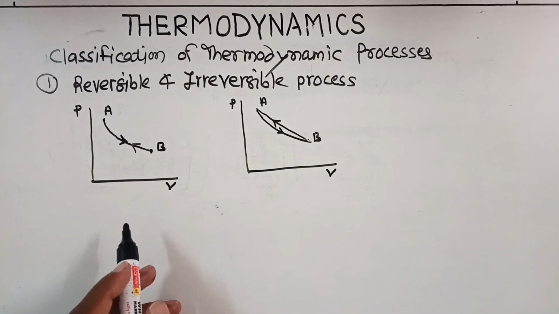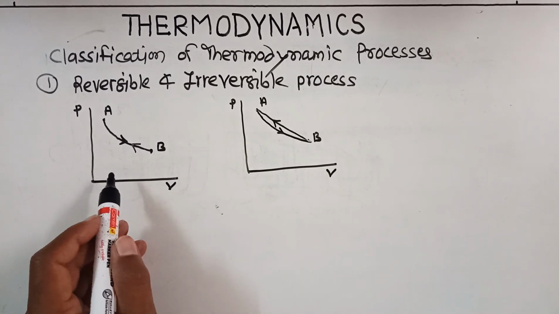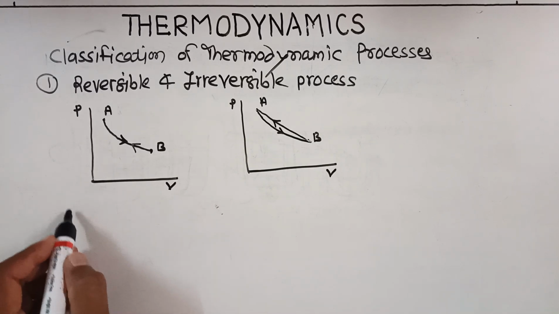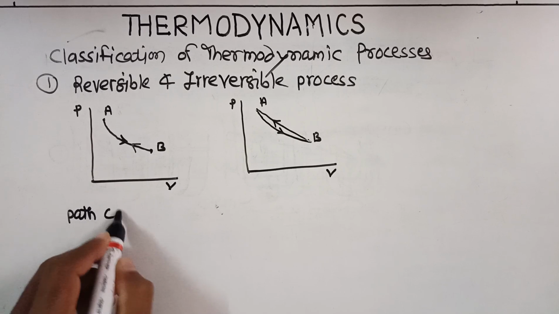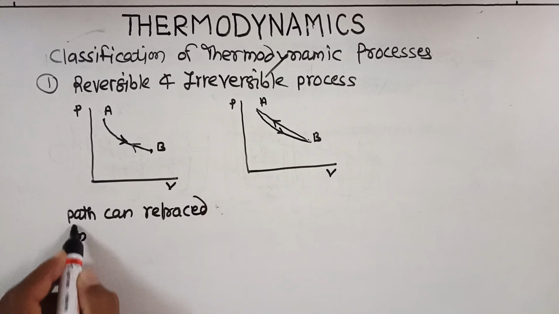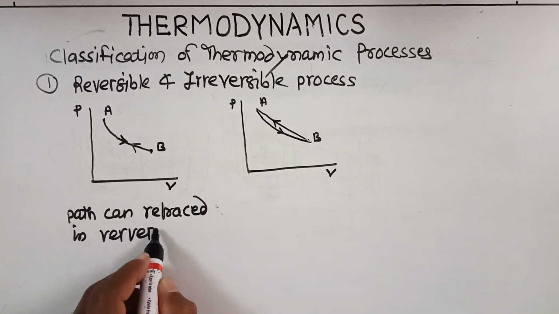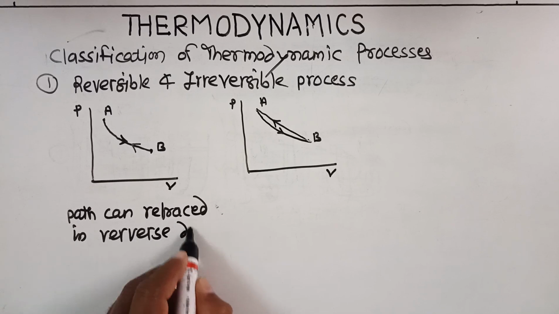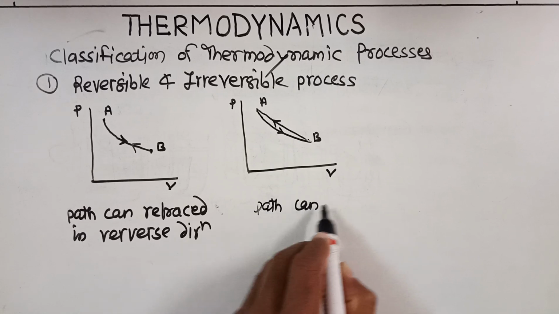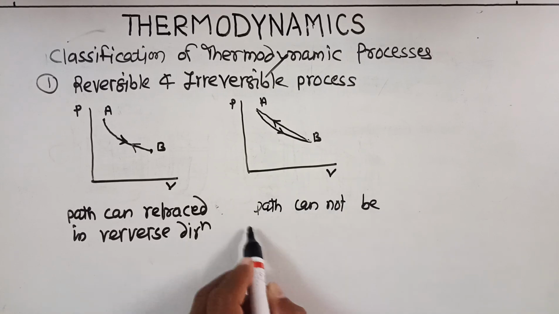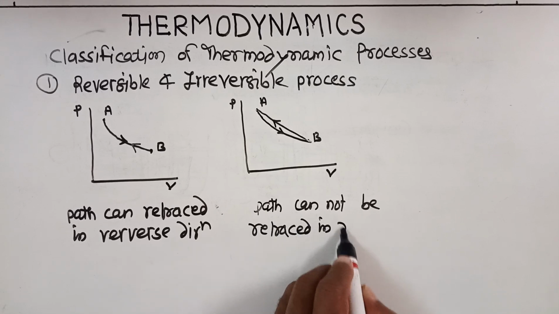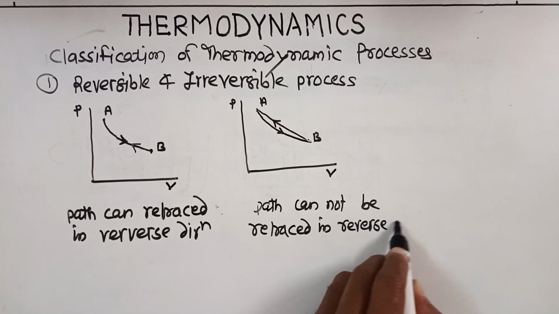In a reversible process, the path can be retraced in the reverse direction, and in an irreversible process the path cannot be retraced in the reverse direction.